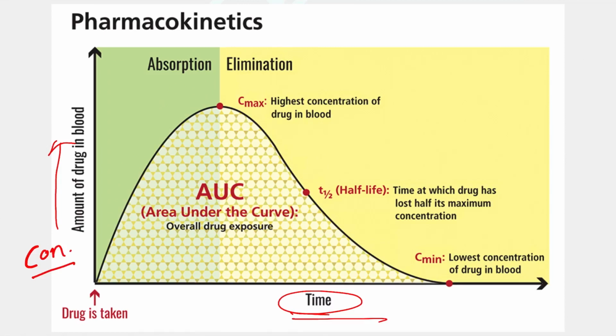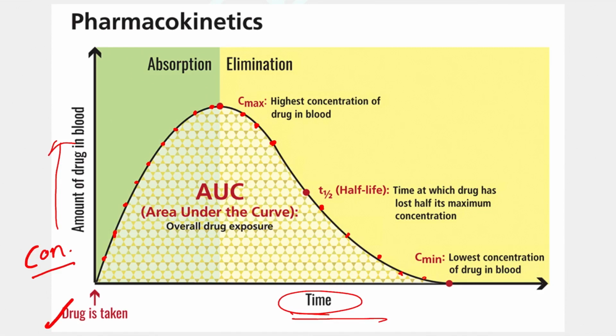The drug is taken, and eventually the concentration of the drug rises in the body and comes to a peak, and then because of metabolism and eventually excretion, the concentration decreases.